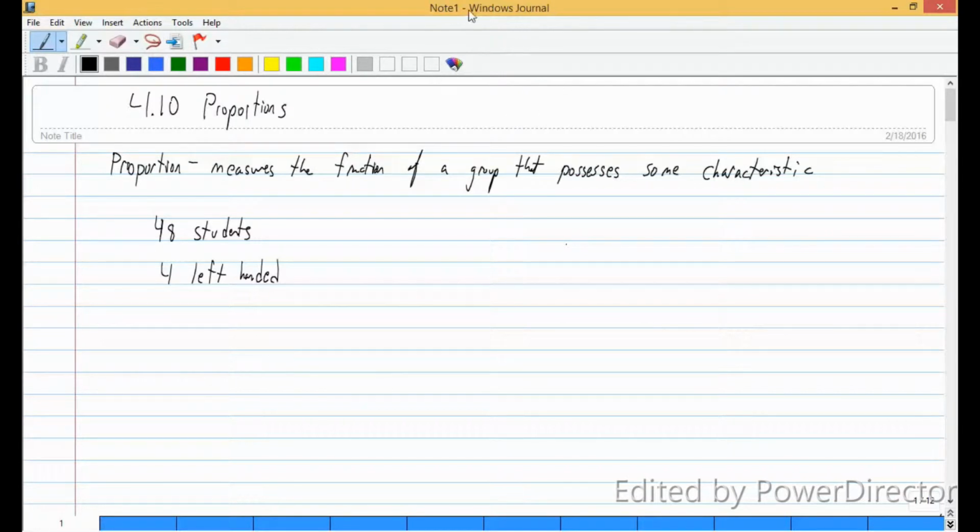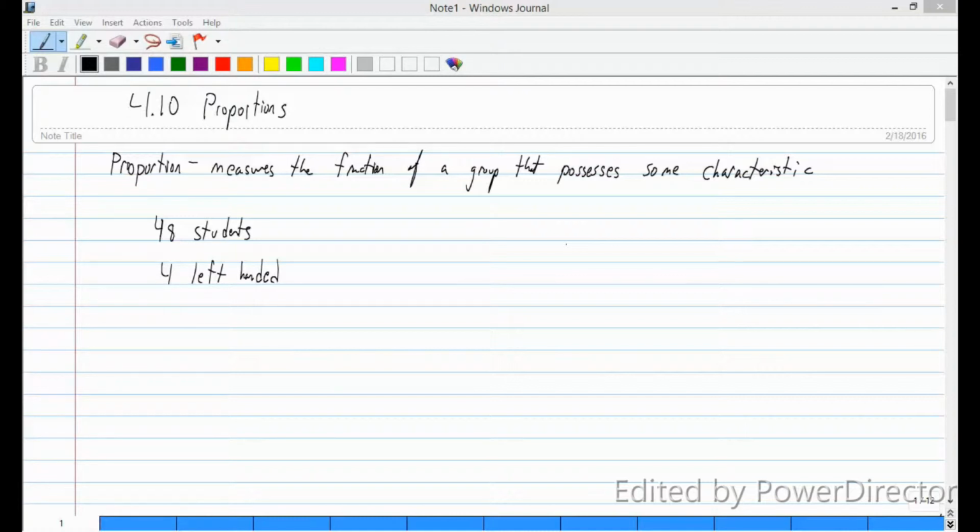What proportion of the class then would be left-handed? So, you can think about, of those 48, everyone that is left-handed would be one that we would count. Everyone that's not left-handed would be one that we wouldn't count.